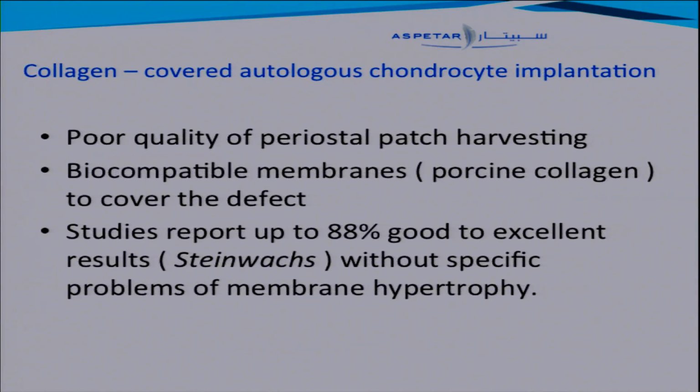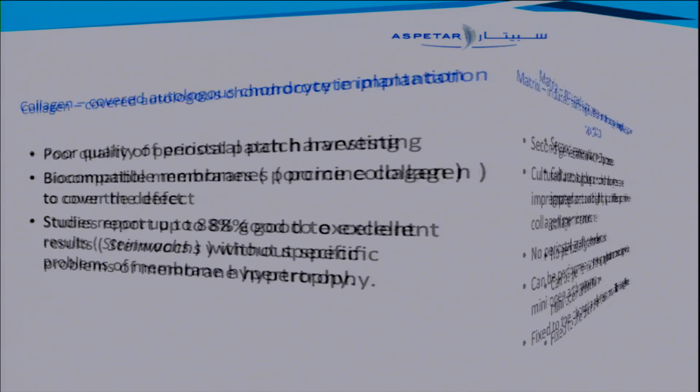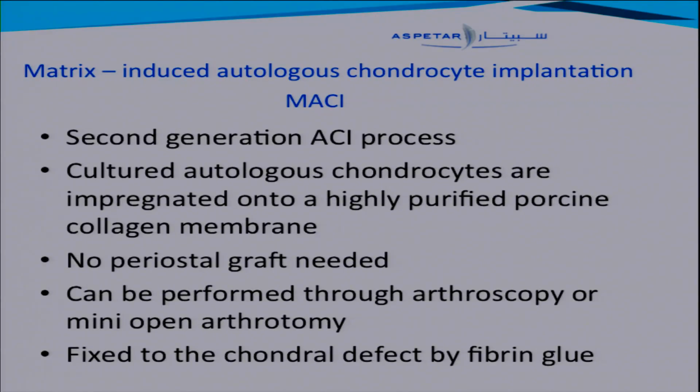But the new autologous chondrocyte implementations or implantation techniques are the ones that we nowadays follow very closely in literature, because of the poor quality of previous harvesting patches, there are now membranes that give very little complications and that can improve the scaffold or the ingrowth of the new tissue.